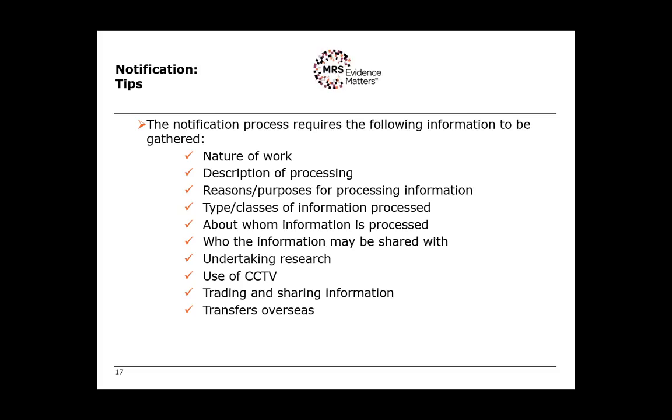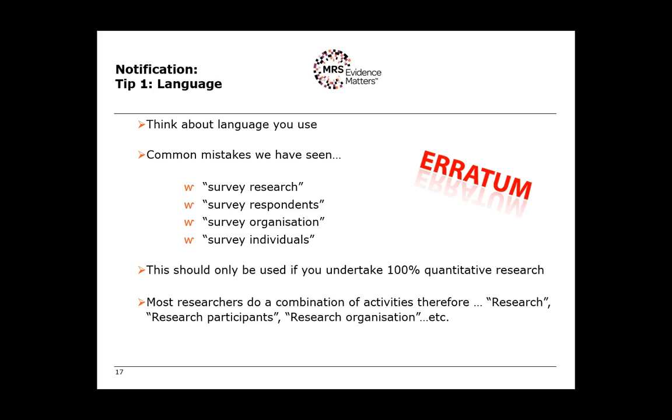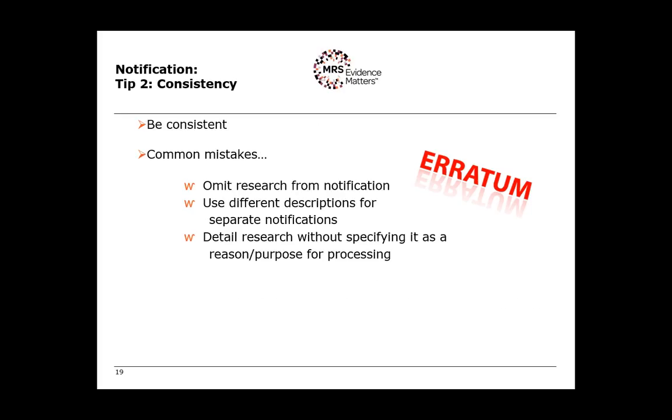The process requires some details about you and your organisation, including a company house number, if this is applicable, along with your name, address, and details about numbers of staff, if applicable, and the turnover. The rest of the notification process is about what you do with data in terms of the following on the slide here.